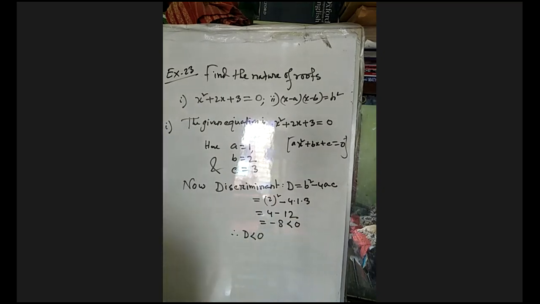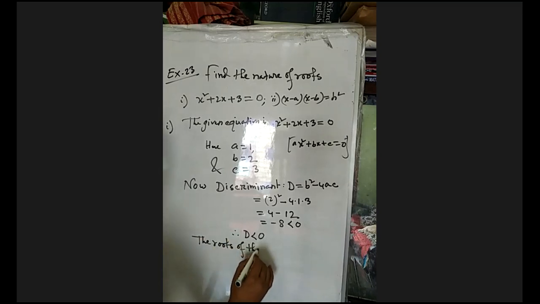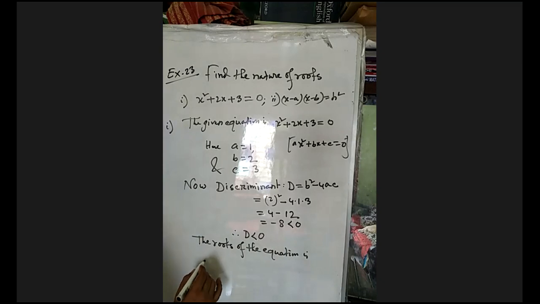If the discriminant d is less than 0, then the roots of the equation will be what? Unequal and imaginary roots.